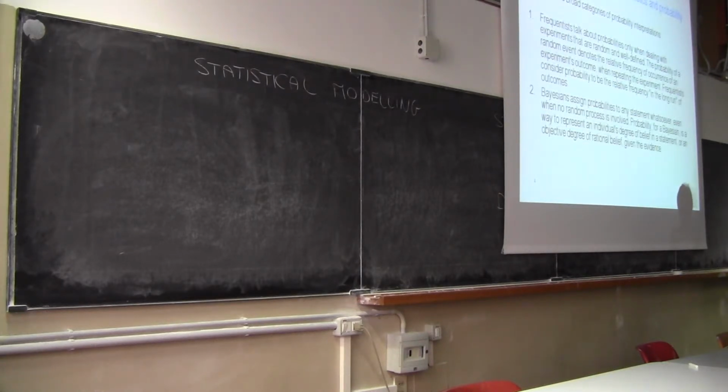Like Pearson did with the tossing of the coin. He just tossed the coin 24,000 times, and at the end he was able to say the probability of getting heads is about 50%. It means that he analyzed the frequency with which the event occurred. Okay? This is very simple.